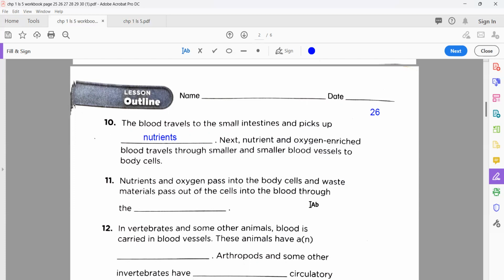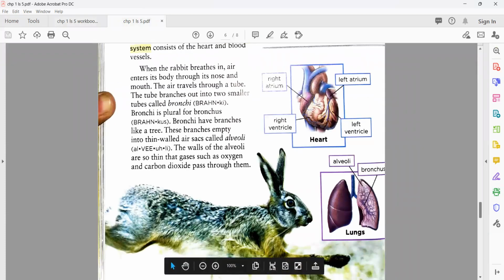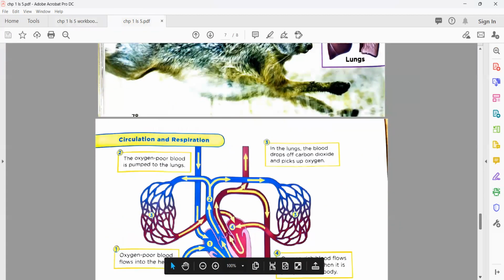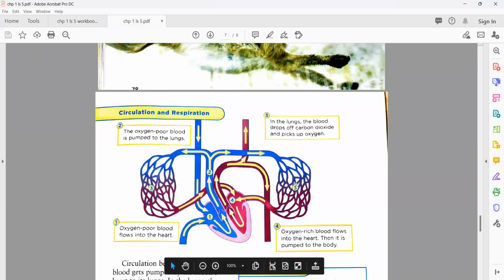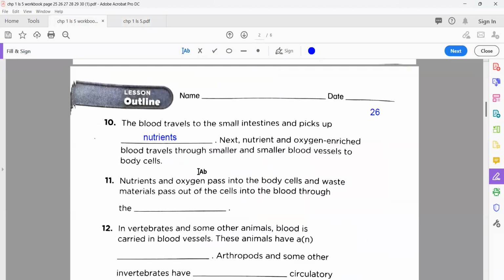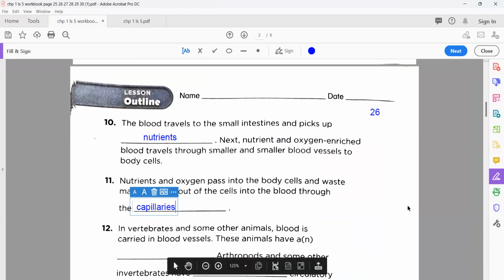When they divide and divide again, they form a network of small and smaller vessels, and we name them as capillaries. Yes, well done, my dear. So the correct answer is capillaries.